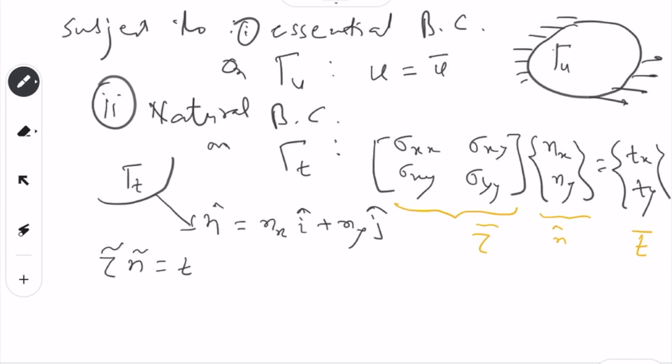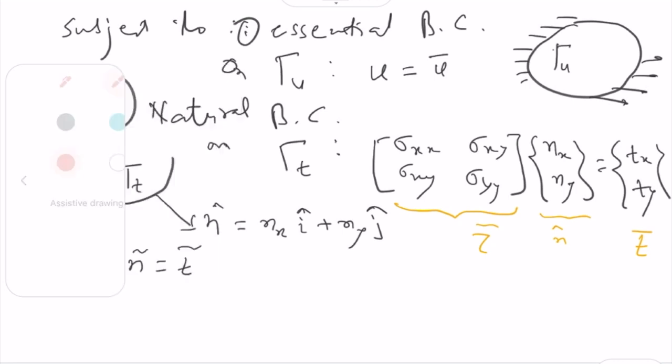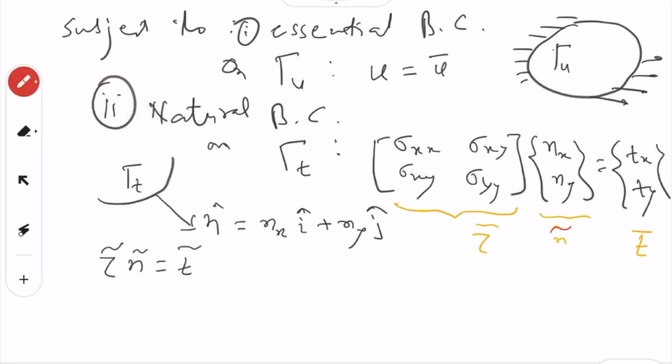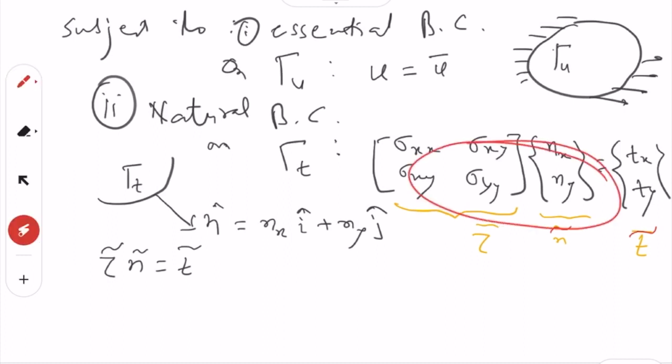Let's write t tilde, so tau equal to this, n tilde is equal to t tilde. So we write the same thing here in short form.